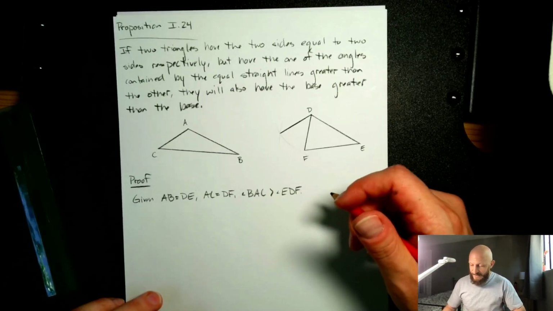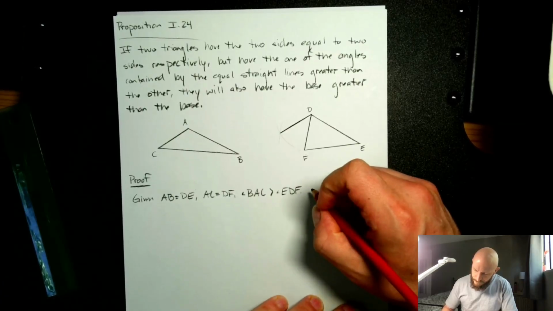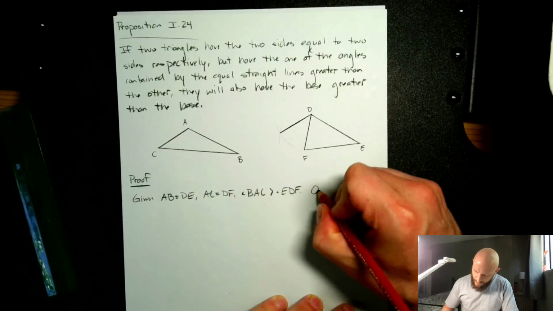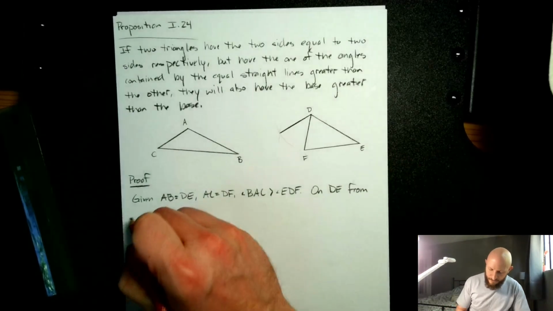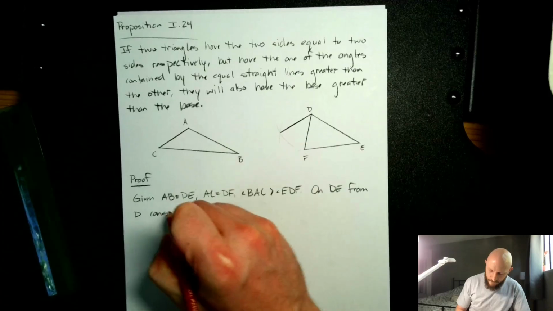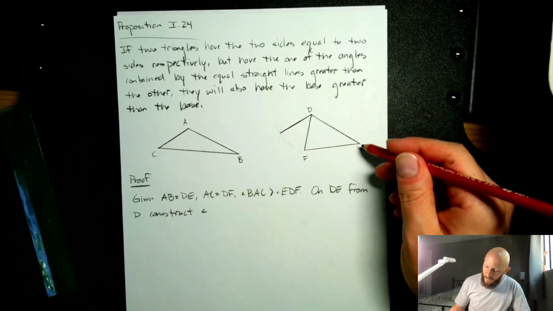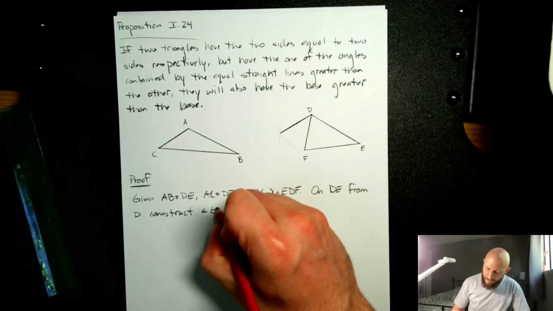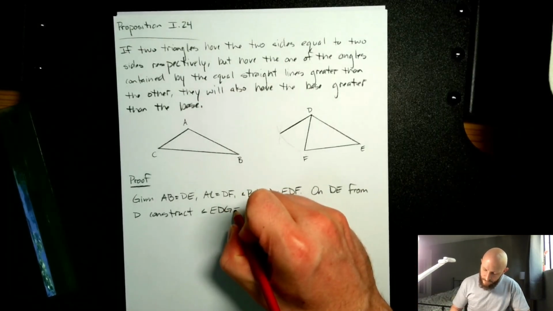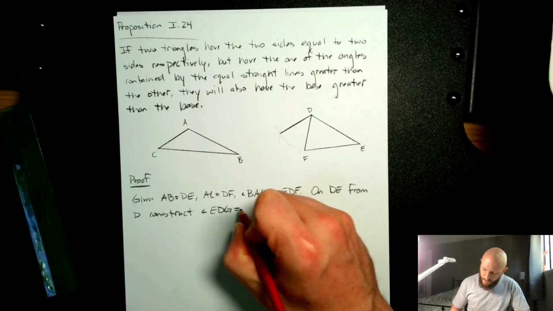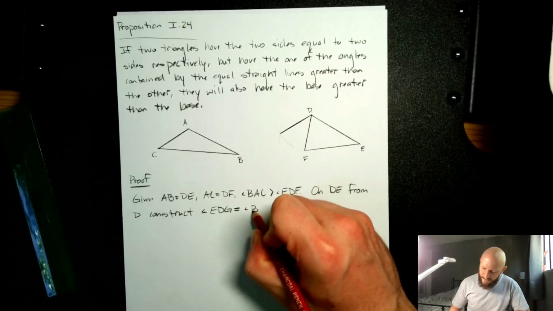So how shall I say? I'll say construct, on DE from D, construct angle EDG, is what we'll call it, EDG, equal to, maybe this is not super clear, but we're creating it equal to angle BAC.